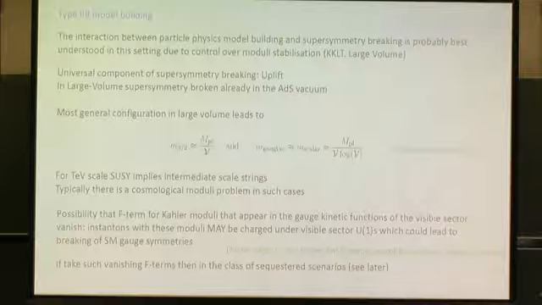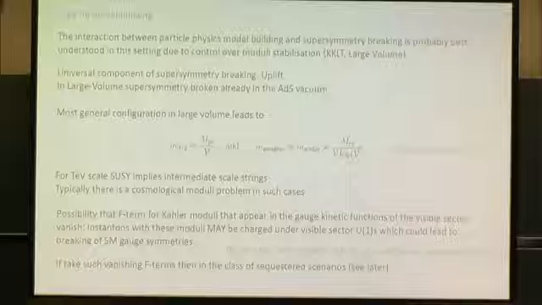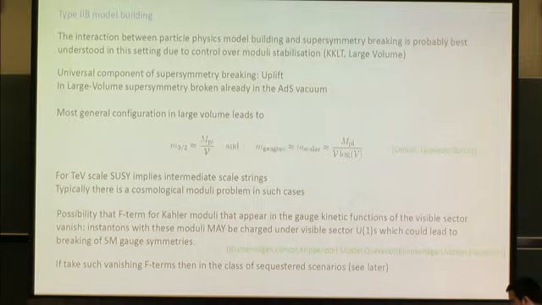There is the universal, as far as I understand, component of supersymmetry breaking, which is the uplift. So in all these models you stabilize in AdS, so you have to uplift, and that will break supersymmetry. And in the large volume scenario, supersymmetry is broken already in the AdS vacuum. So these are two sources of supersymmetry breaking that appear in these compactifications.